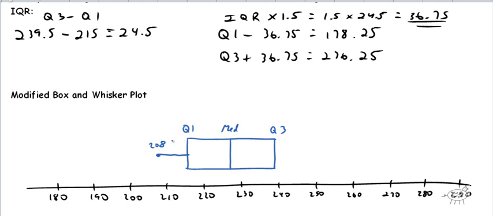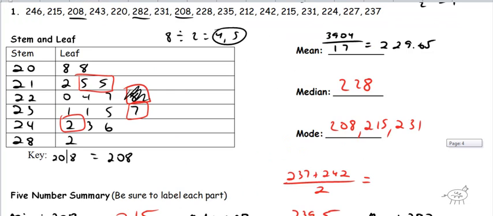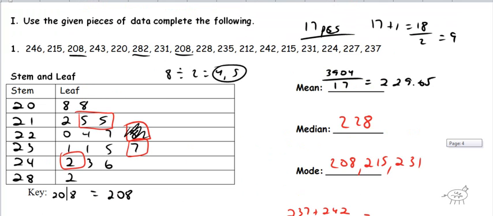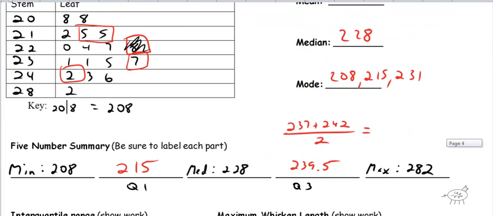That's called an outlier. So what we're going to do is, you don't make a whisker all the way up to 276. It's got to be a data point. So if you look at our data, our next lowest data point is 246. Okay, see that?